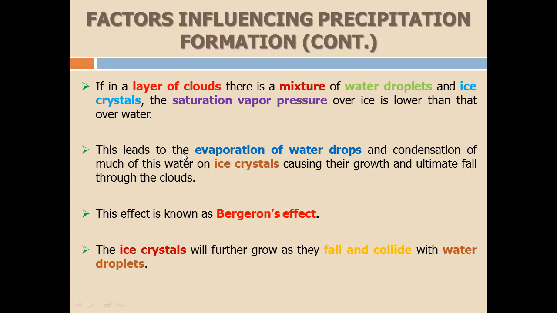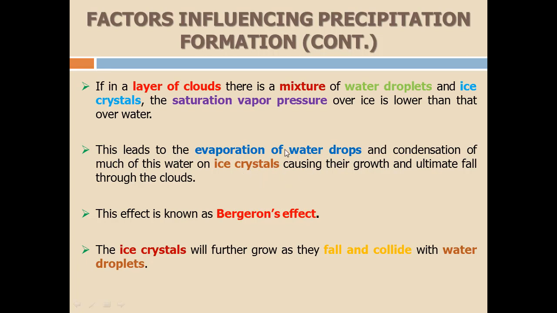So this leads to the evaporation of water drops. The water present in that layer evaporates, and these vapors then strike the solid ice and condense on the ice crystals. Do you understand?